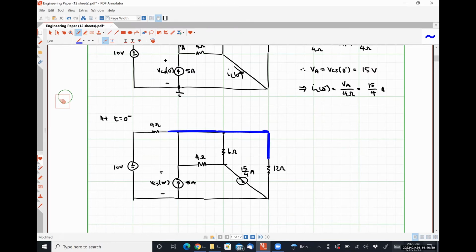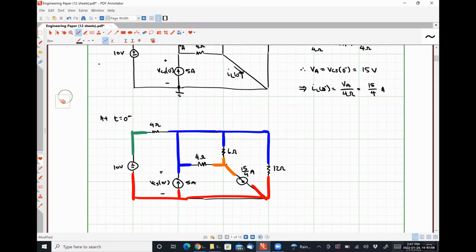So this big thing right here is 1 node. This little guy right here is 1 node. This big thing here is a node, and this guy over here is a node.